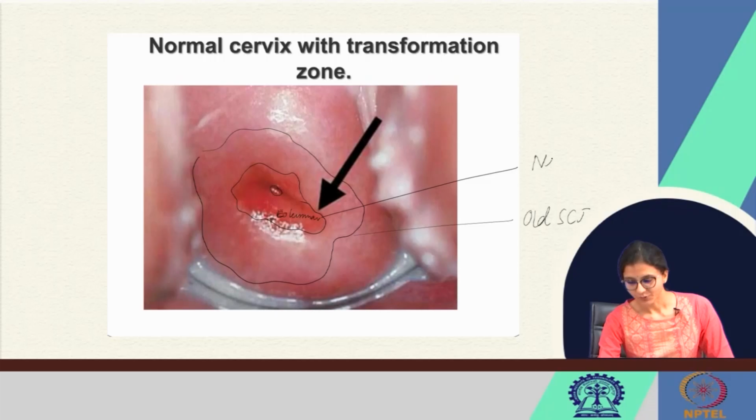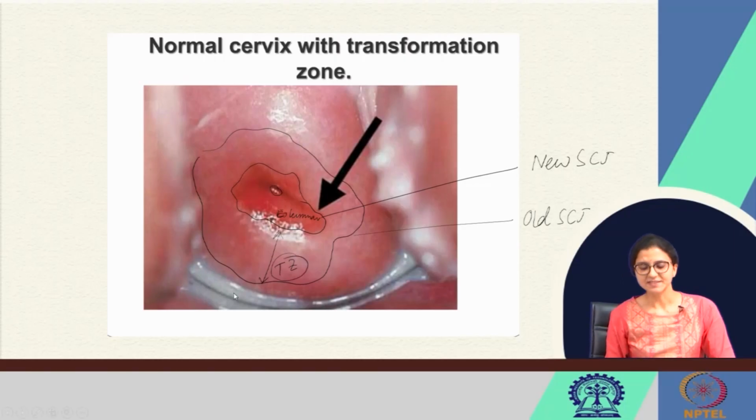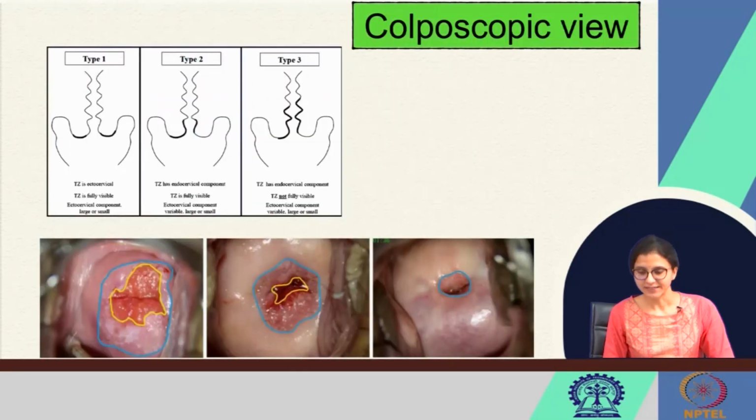So, in between this area is the transformation zone. Any suspicious lesion in this transformation zone has to be evaluated, has to be biopsied, because we know that the cells of the transformation zone are more prone to insult, more prone to develop cancer, right.